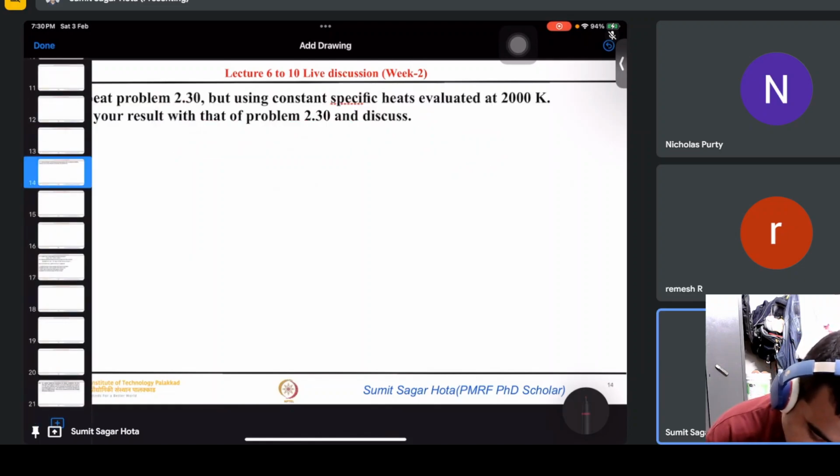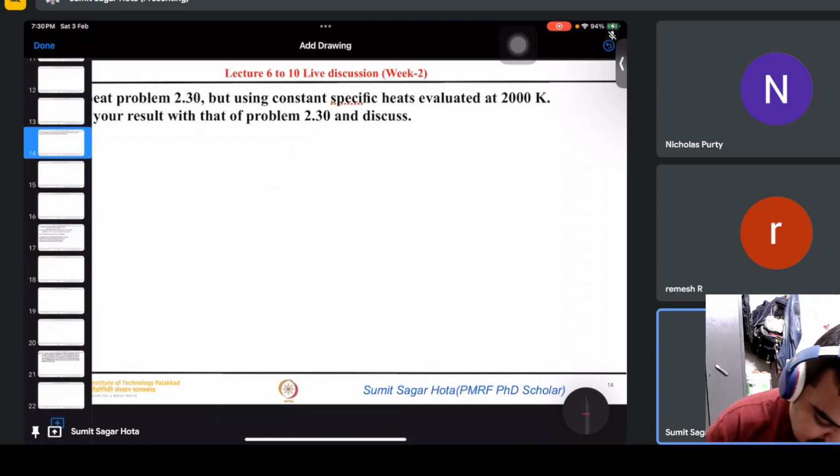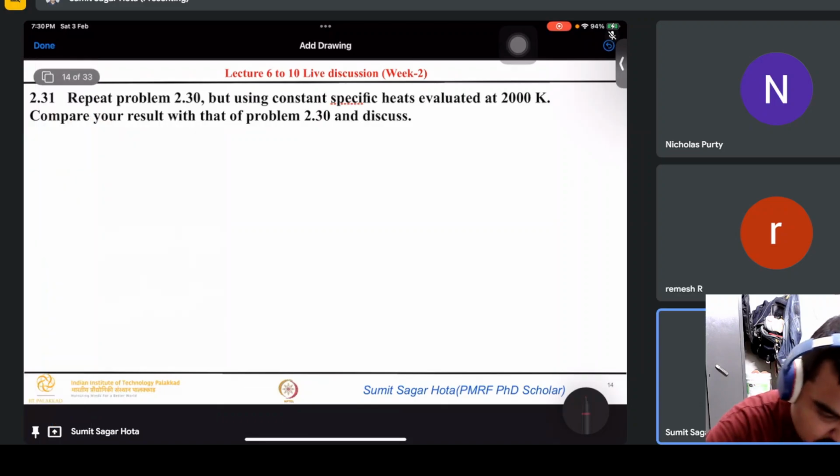In the same question, there are two basic types. One with constant specific heat, and the variable specific heat is your homework. Most questions will ask for specific heat, a little harder.